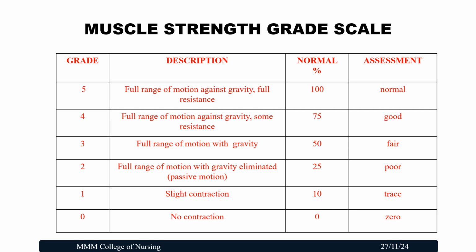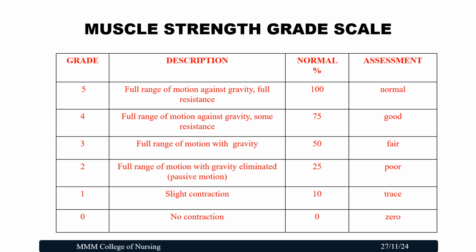Grade 3 is a full range of motion with gravity, and here 50 percent can be accepted, and the assessment is fair. Grade 2 is full range of motion with gravity eliminated, passive motion, and here the percentage is 25, and the assessment is poor.